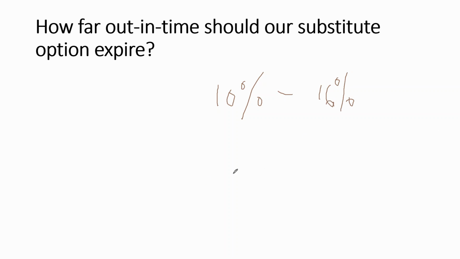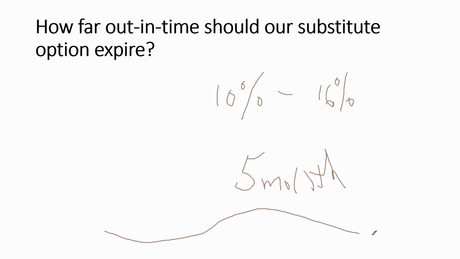Well, another statistic is the trades, the positions, are lasting on average 5 months. Now, I'll be completely transparent. It's a fairly flat bell curve, which means that there's also quite a few positions that are lasting 7 months and quite a few that are lasting 3 months. But the majority of our positions are lasting on average 5 months.